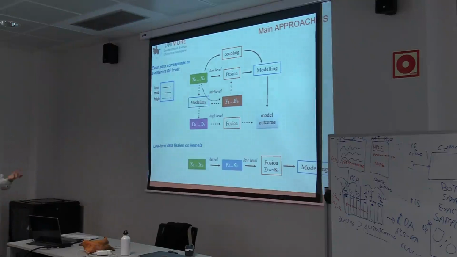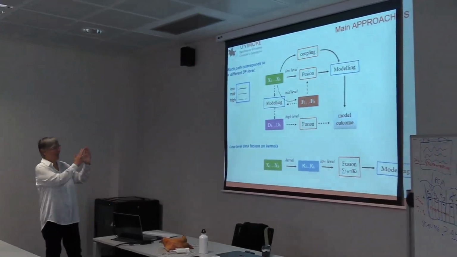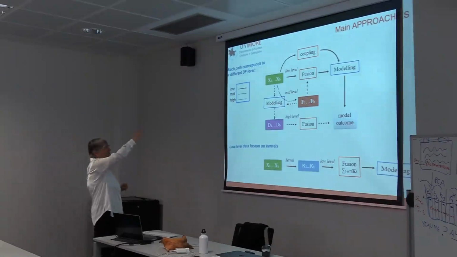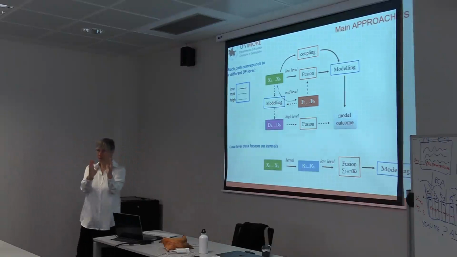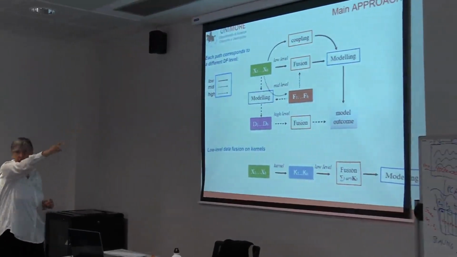When I do feature extraction or data compression, as we were talking before, the fusion is not at the raw data, because before I extract the feature, so the fusion is at the feature level. I don't fuse my raw data, I fuse the feature, and then I do the modeling step.